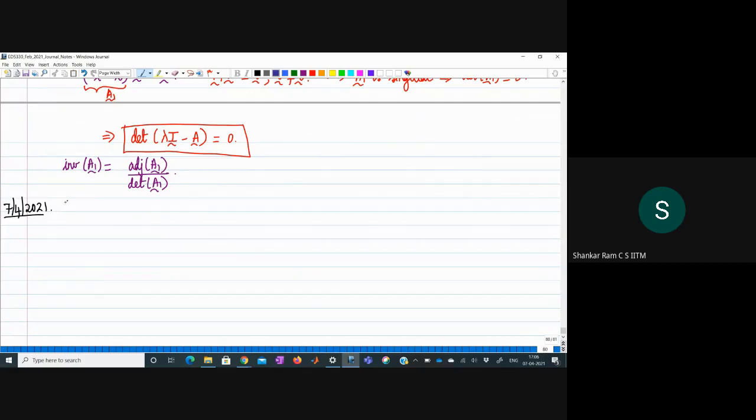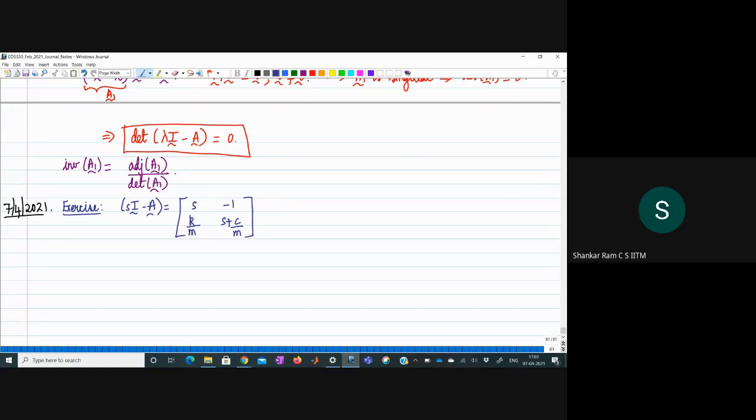The exercise problem was for the mass spring damper system, and for the mass spring damper system, sI minus A will take the form: s, minus 1, K by M, and s plus C by M. Now, how did we get this?